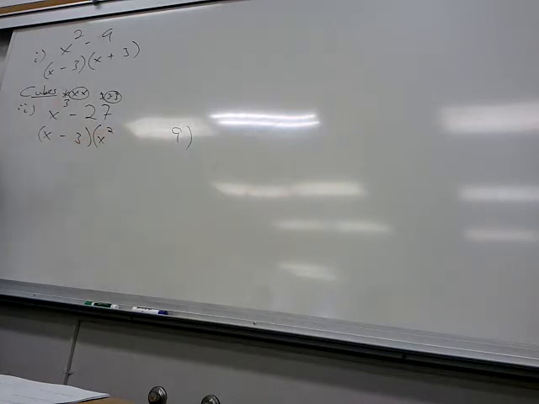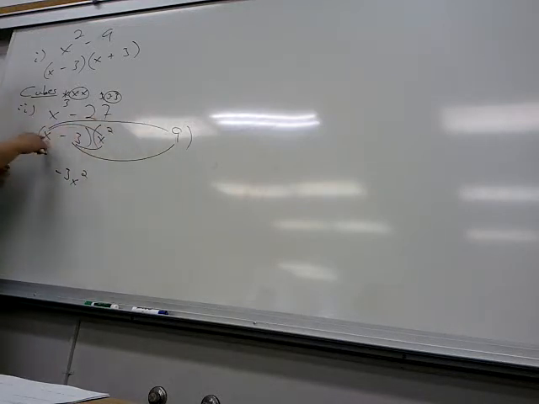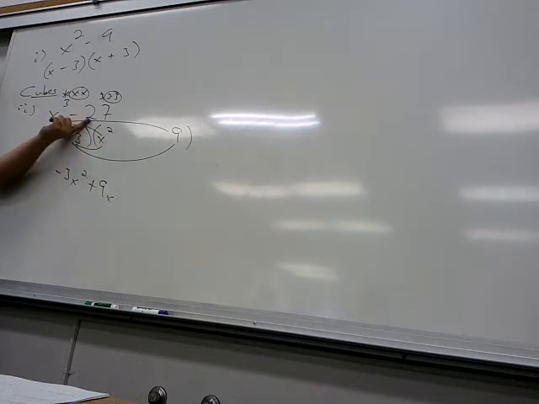And here's why. Here's my x cubed. Yay. Here's my minus 27. Yay. Here's minus 3x squared. Do I want that? No. And here's plus 9x. Do I want that? So what I have so far cannot be the answer, because when I multiply it, I don't get this.